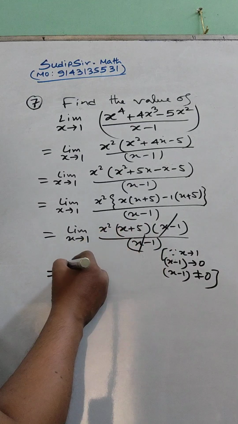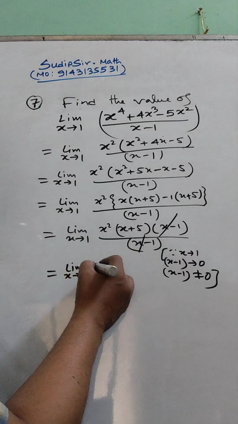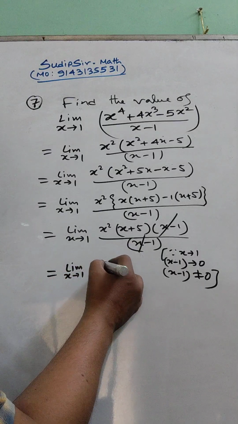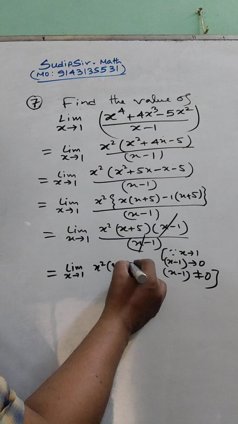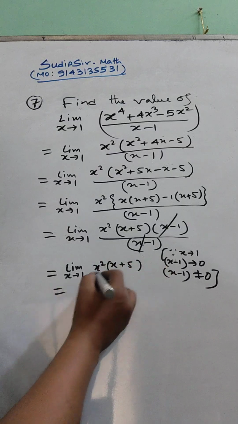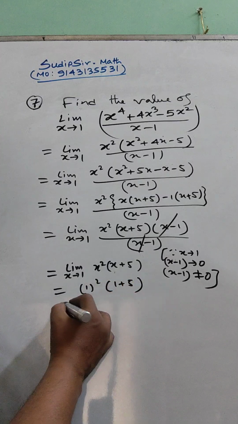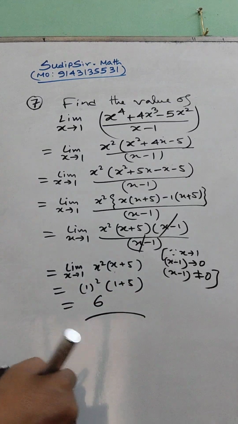Now simply the limit becomes x square into x plus 5. So just put the value: 1 square, 1 plus 5, that is 6.